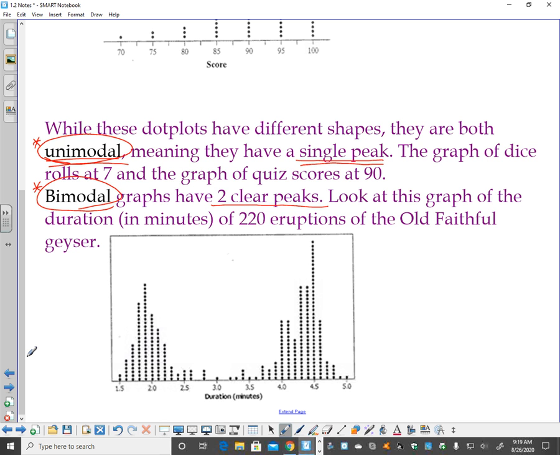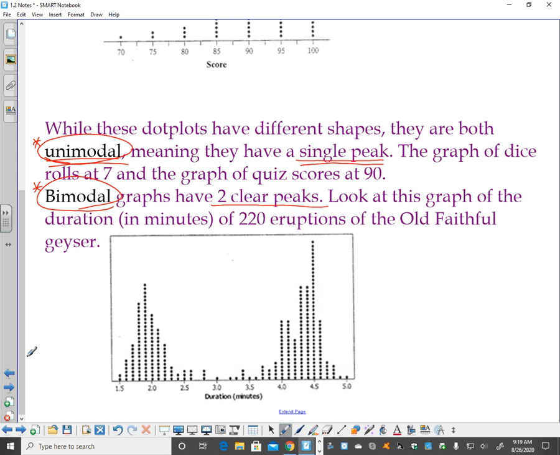All right, here we go. Let's look at this one. Look at this graph of duration in minutes of the 220 eruptions of the Old Faithful geyser. So this is the length of the eruptions. Okay, so I've got some eruptions that last 4.5 minutes. I got tons of those, but I also have tons of eruptions that last just under 2 minutes.